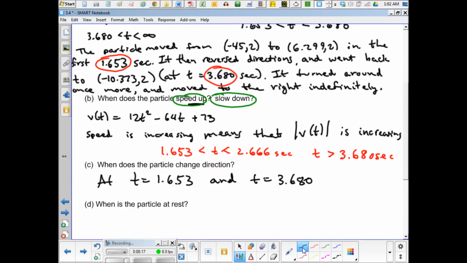When is the particle at rest? That's the same question. At t equals 1.653 and t equals 3.680 seconds. So it's at any time when the direction reversed. That's when it would have to stop instantaneously. So you probably want to put instantaneously.